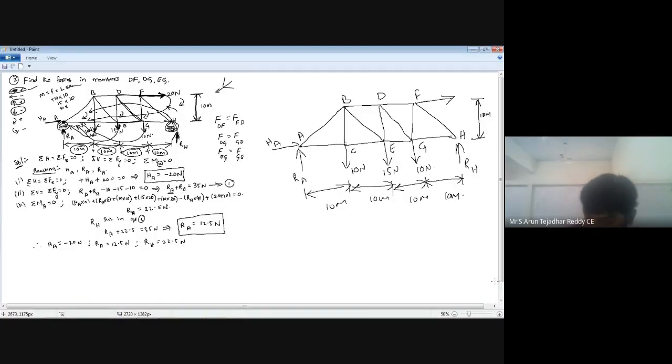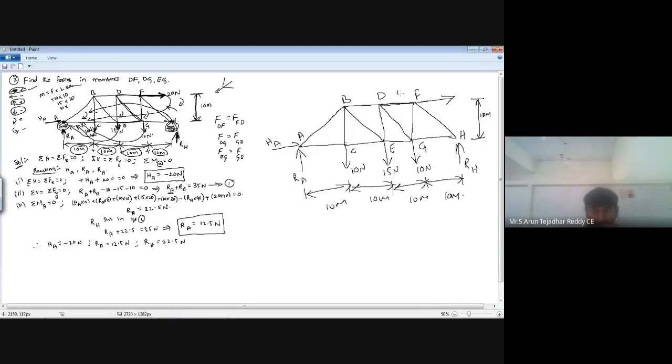Cut the truss in such a way that the section should not pass through more than 3 members. But here in this problem, already he given DF, DG, EG. So directly you can cut the section through DF, DG and EG. See here, DF member is here.